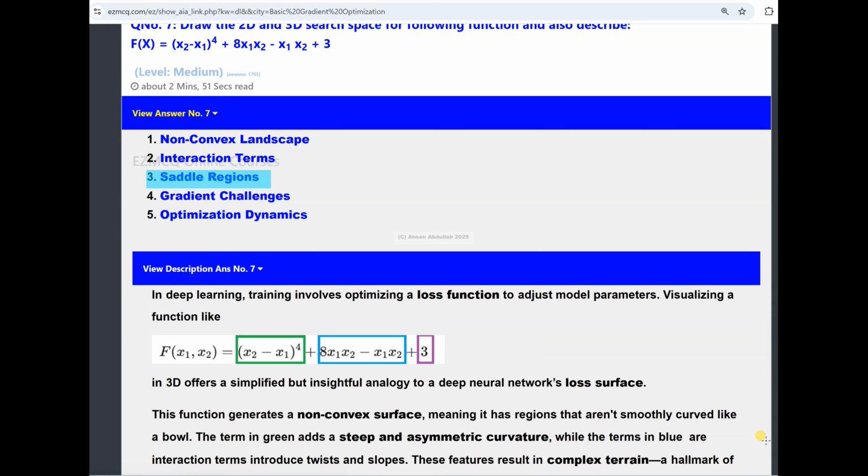Then what are the gradient challenges? The details are down there. Gradient challenges are caused by the quadratic term, and this term can lead to vanishing or exploding gradients, depending upon where you are on that loss surface.